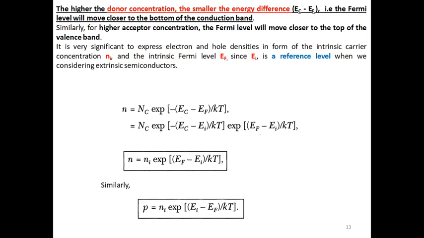Then we can write this in terms of the intrinsic Fermi level, and we are taking a new term here, EI, the reference level. We consider this reference level when we are dealing with extrinsic semiconductors, that is n-type and p-type semiconductors.